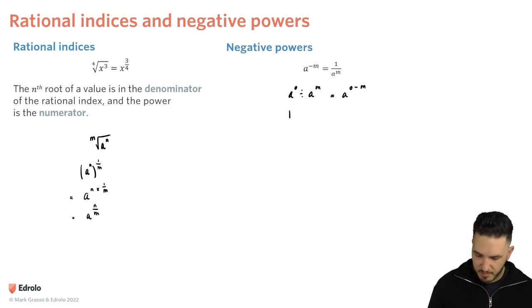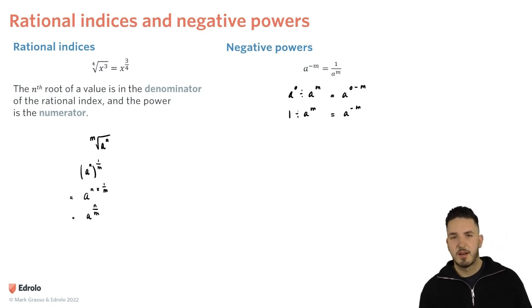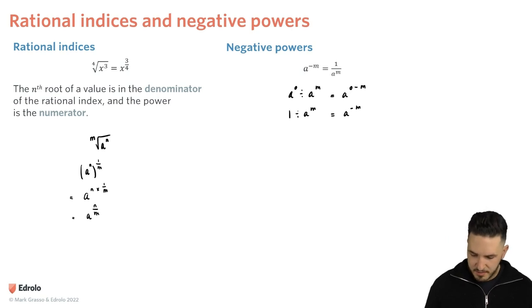So if we replace that with 1 divided by a to the power of m, this is going to equal, on the right-hand side, a to the power of negative m. And we could rewrite 1 divided by a to the m as a fraction. So 1 divided by a to the m equals a to the power of negative m. So just a really nice proof of negative powers.